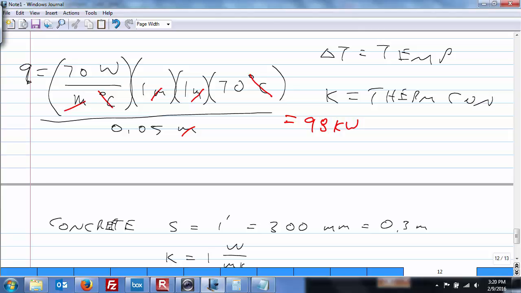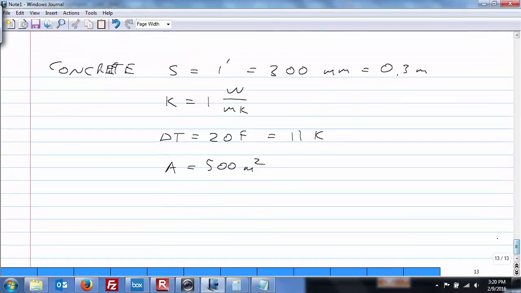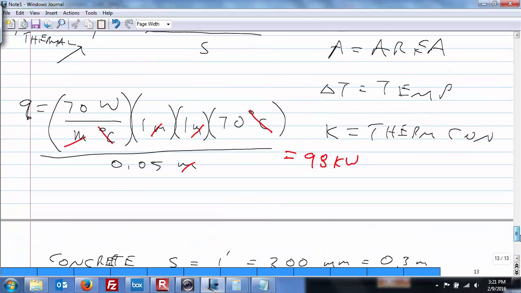Now we're going to do it for the concrete house, where the heat transfer coefficient K is much lower at 1 watt. So here we go. So Q equals 1 watt per meter Kelvin. Make sure I get everything in the same order here.